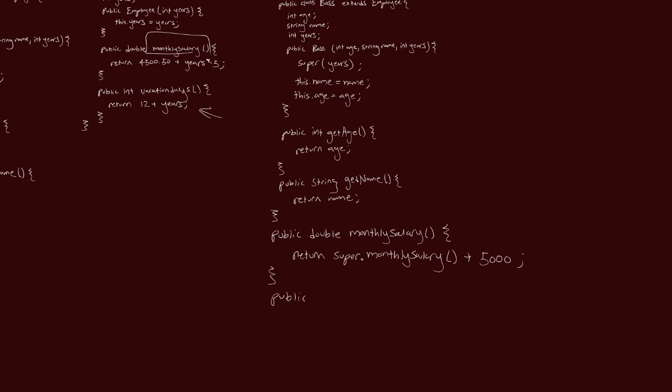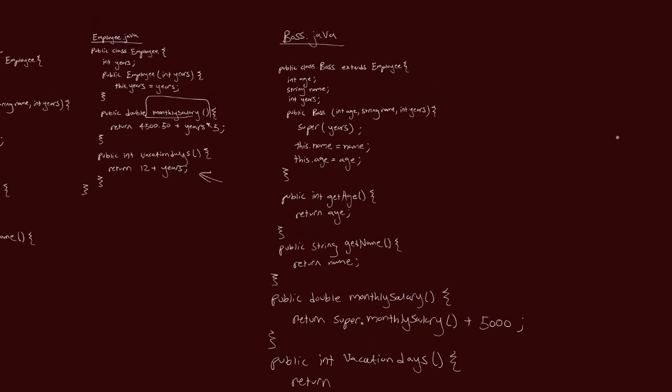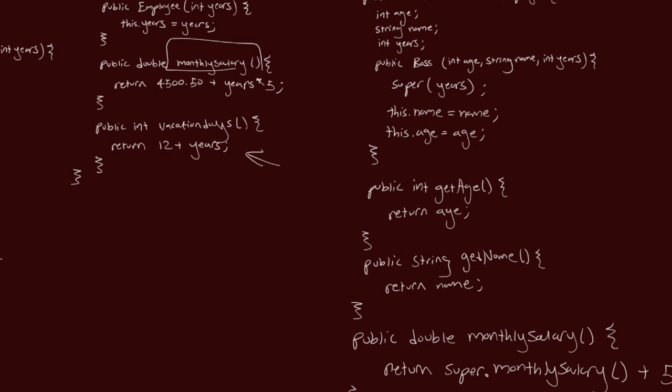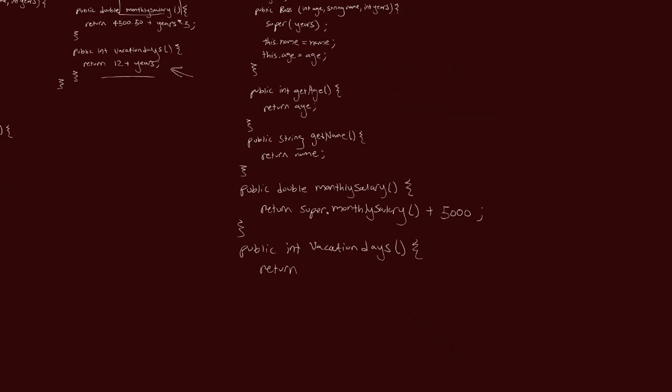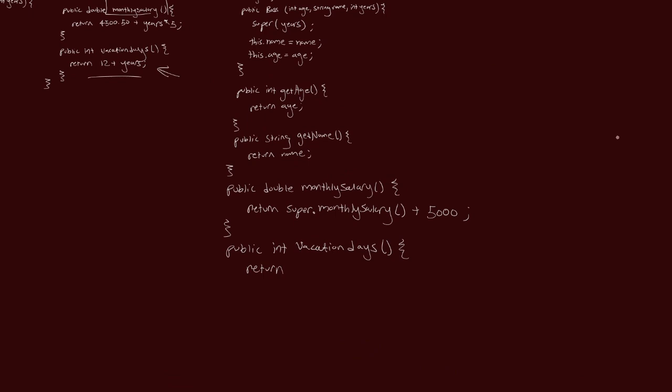And then same with vacation days. If the boss worked for 10 years, they're going to get 22 vacation days plus a few extra. So we're going to do super dot vacation days. This super is referring to this one, and then we're going to add, let's say, 50 extra vacation days.